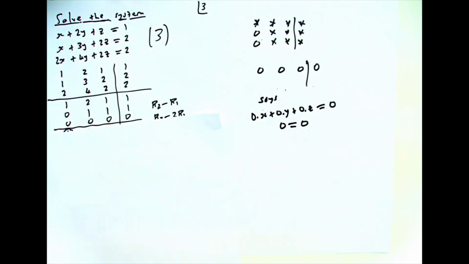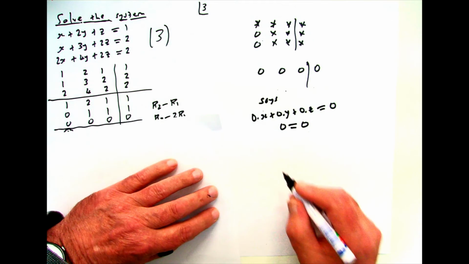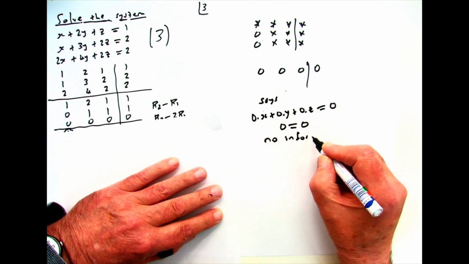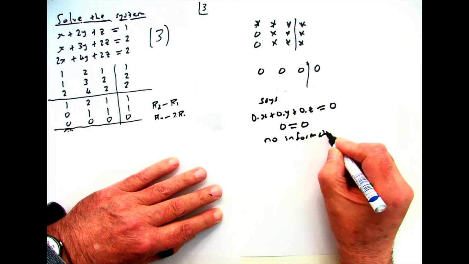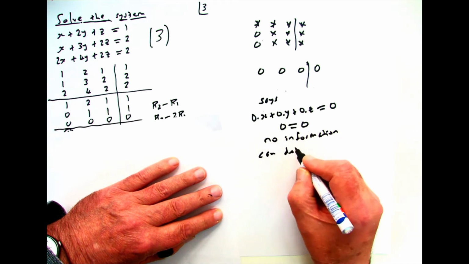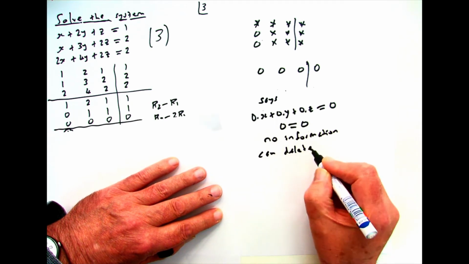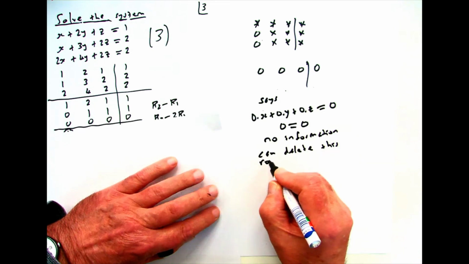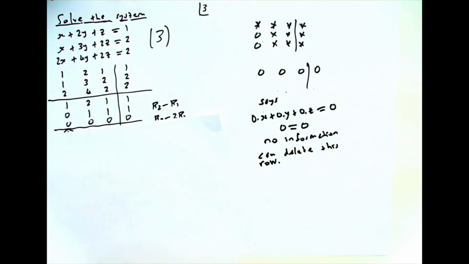So that equation is giving us no information. It's just telling us 0 equals 0, which we already know. So this is no information, and we can delete this row. Okay, so we're not going to write that row.